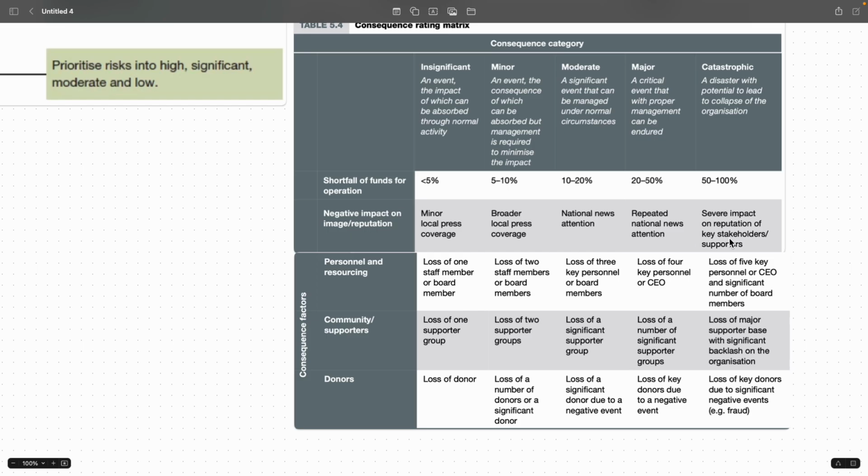Got it? So loss of one supporter, loss of two supporter, loss of significant supporter group. Starbucks and the case of the boycott. Catastrophic means the company would have lost all their customers. Not major, moderate. Loss of significant supporter group.